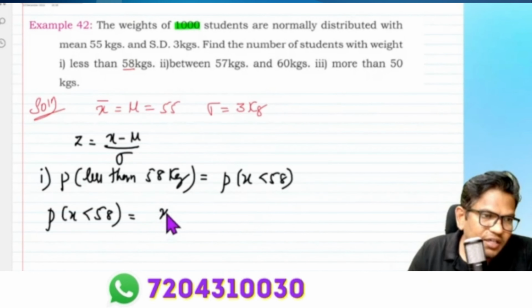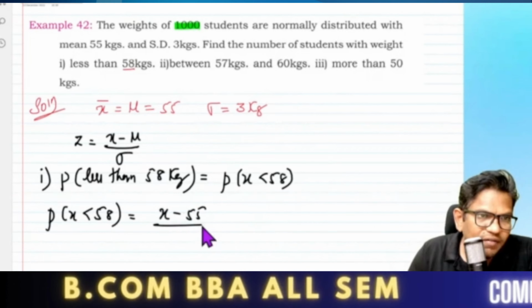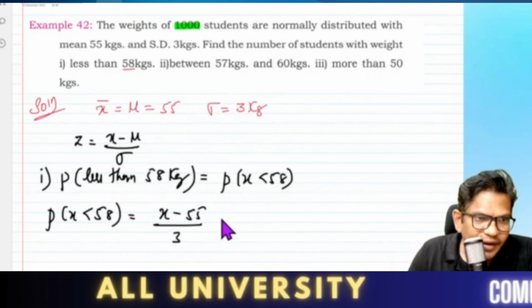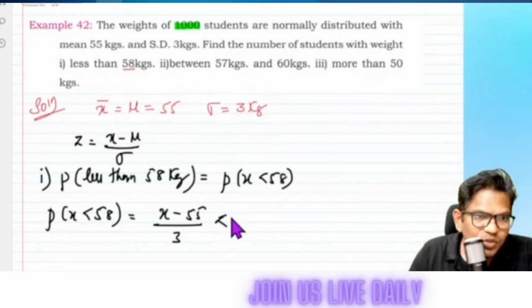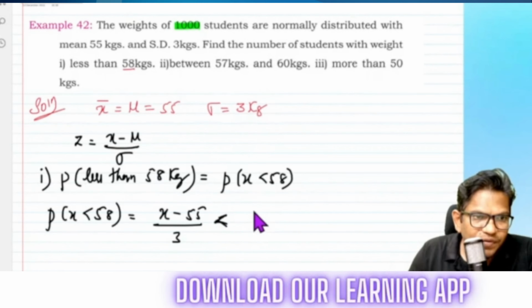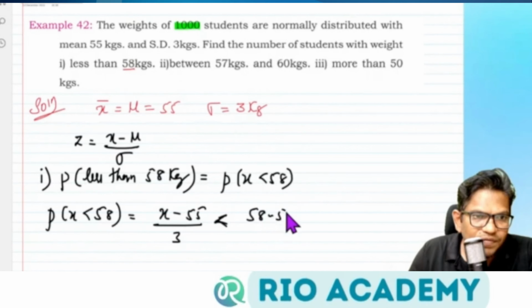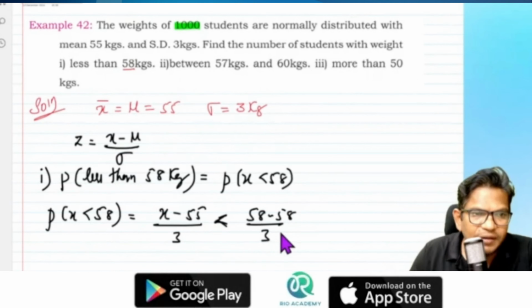x minus mu, where mu is 55, divided by 3 kg. Less than 58 minus 55 divided by 3.